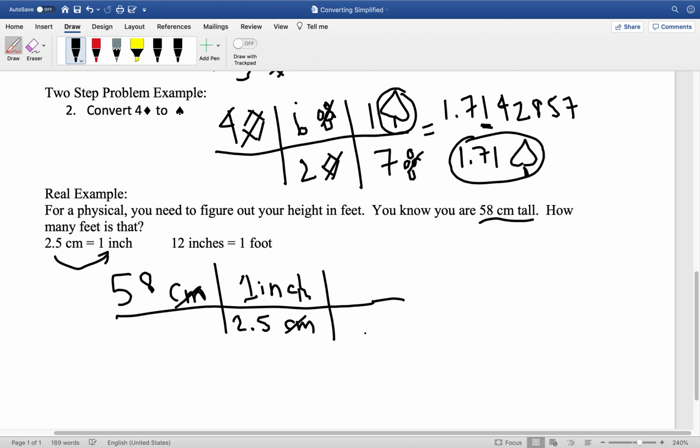Inches is on top, so I know that inches have to be on the bottom. And I know that 12 inches is equal to 1 foot. Okay? So inches cancel out. I'm left in feet. And then you just do your math.